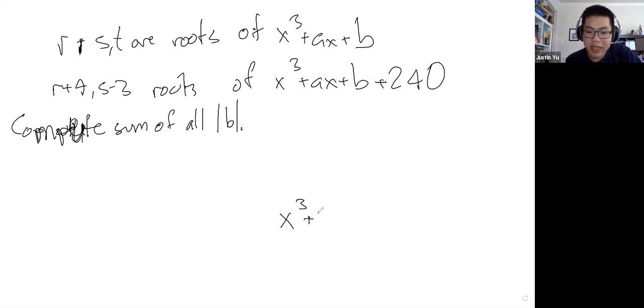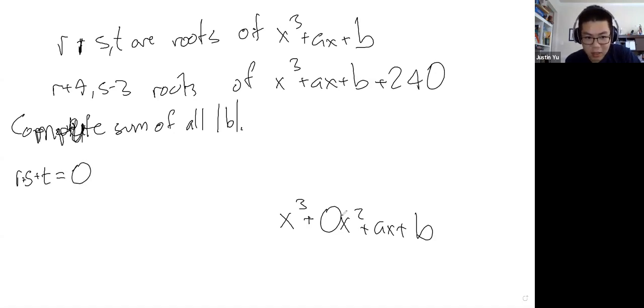Well, it turns out we need a term that doesn't exist. In order to find the sum of the roots, we take the negative of this coefficient. So it turns out that r plus s plus t is equal to 0 because that's this coefficient here.